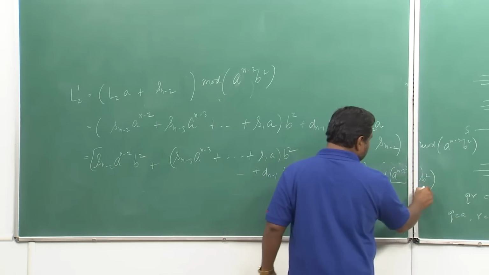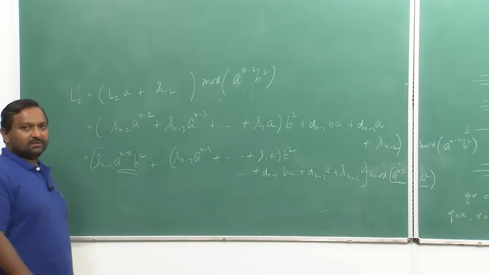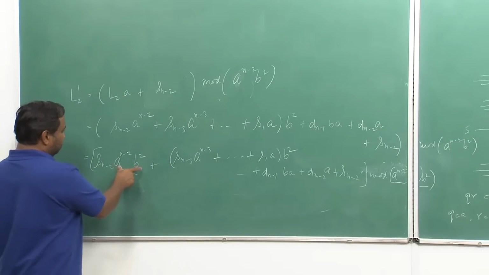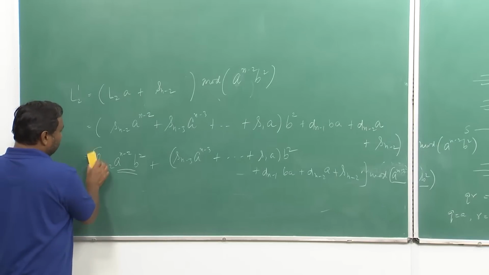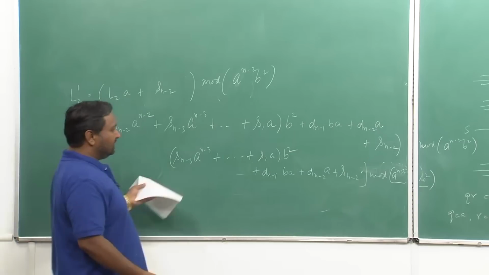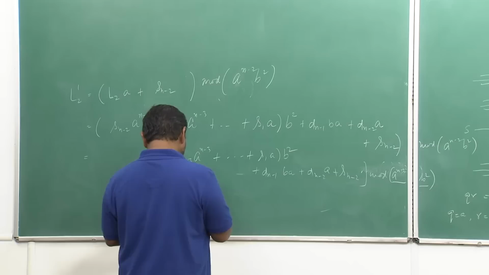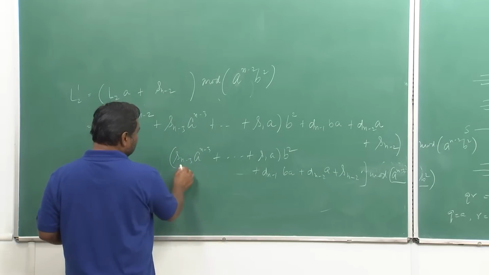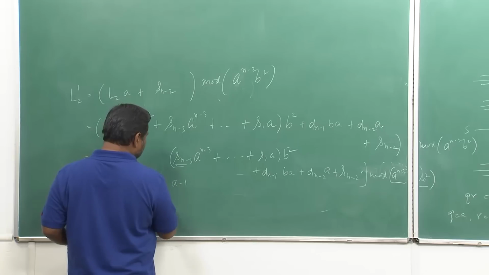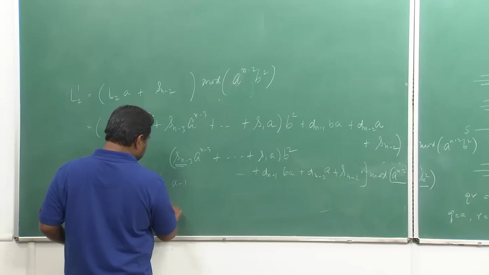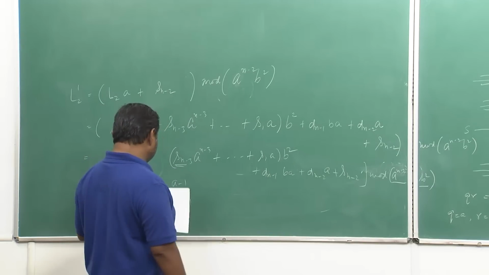So, you can see a raised power n minus 2 b square also comes here. So, when I am going to take the modulo operation, this anyway has to go out because this will become an integer. So, I need not even bother about it. I have to just check the maximum value of this. So, you can now do the same thing for all SI's, put maximum value a minus 1, for all DI's put value b minus 1 and solve and see what you are going to get.